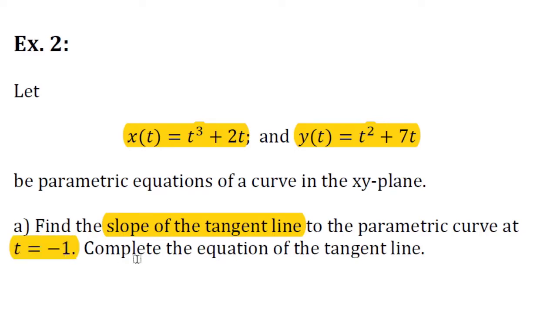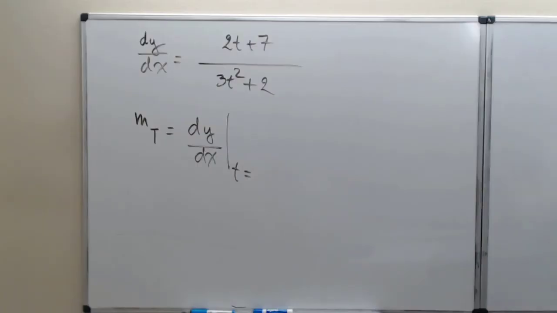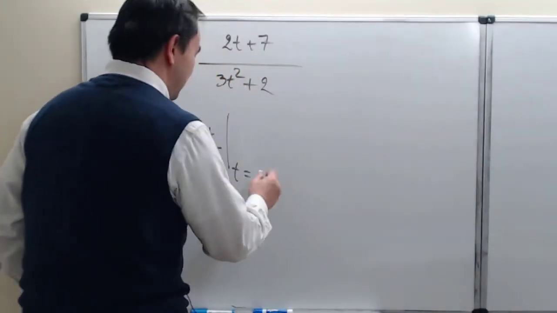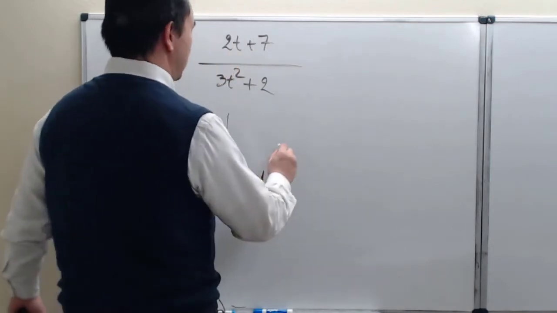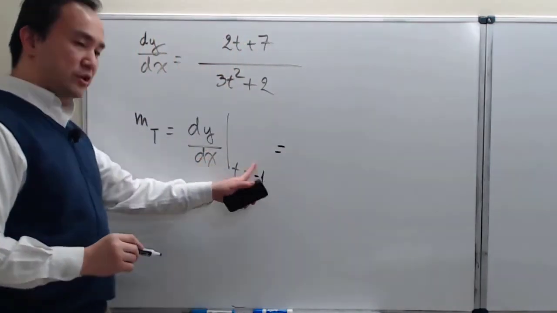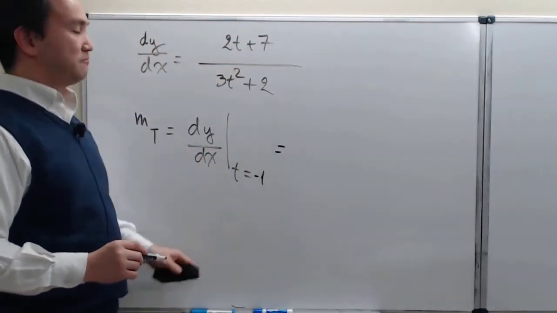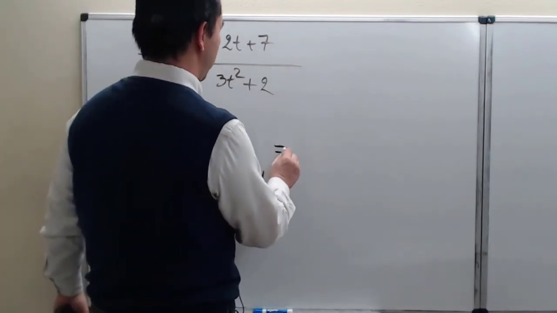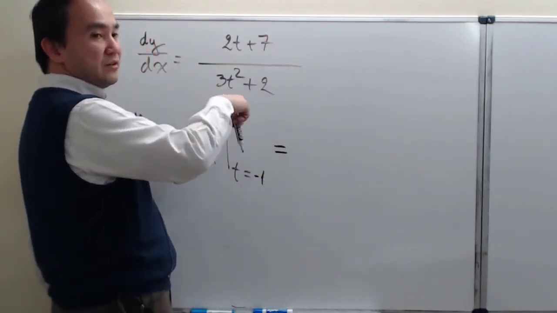This is what we have right there. So now I can substitute t equals -1 into this dy/dx expression right here, which is only in terms of t.